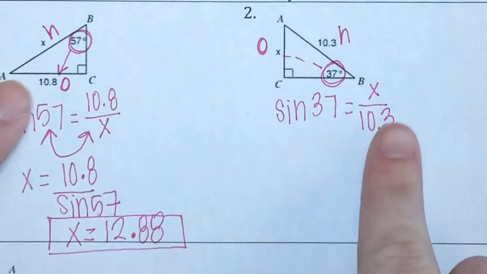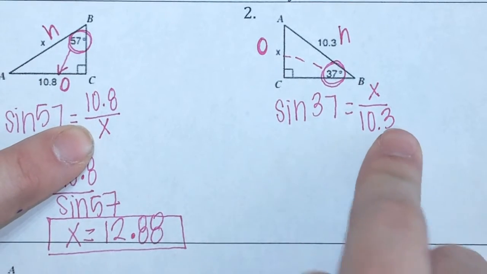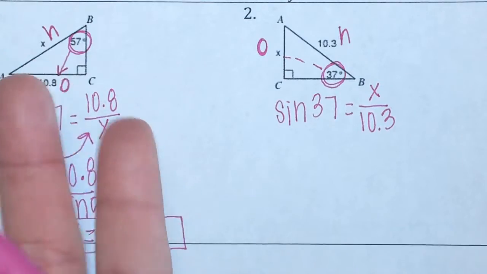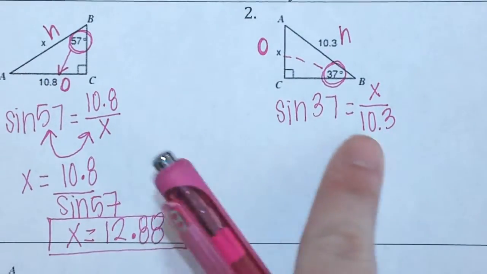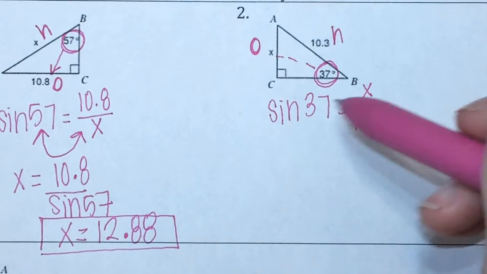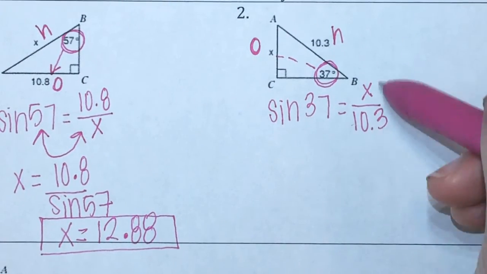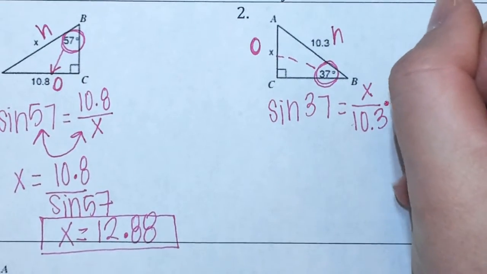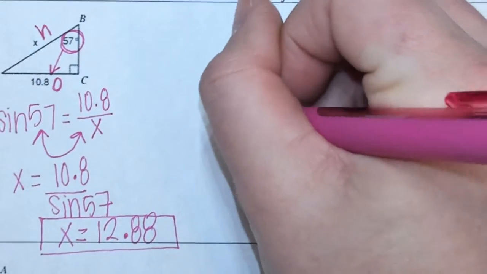Okay, so now look, our x was down low before, but now our x is up high. So you're either going to switch them, or if 10.3 is down low now, all you have to do is solve an equation like you're trying to solve for x. Well, this is division. What breaks division? So multiply both sides by 10.3.